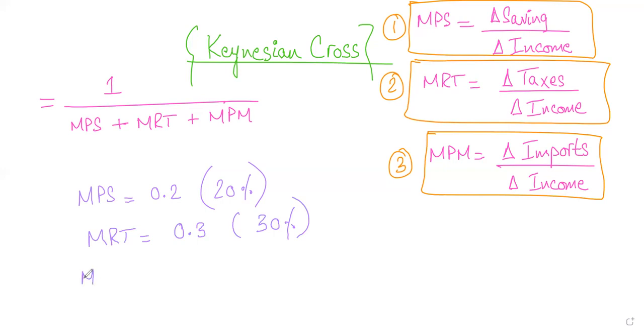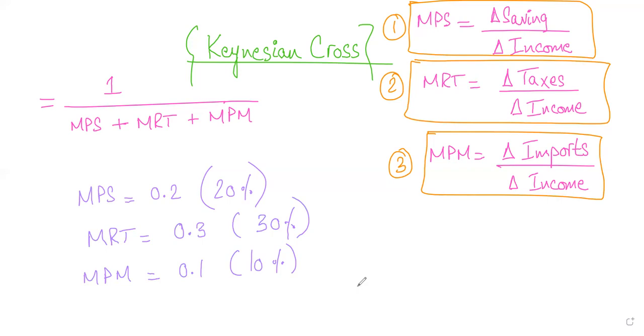And the last of all is marginal propensity to import. If that is equal to 0.1, this means that out of every one additional dollar that the person earns, 10% of that, meaning 10 cents, is spent on imports, right? So these are the products that are not produced in your own home country. So these are the products that you buy from another country. That's what it is, right?